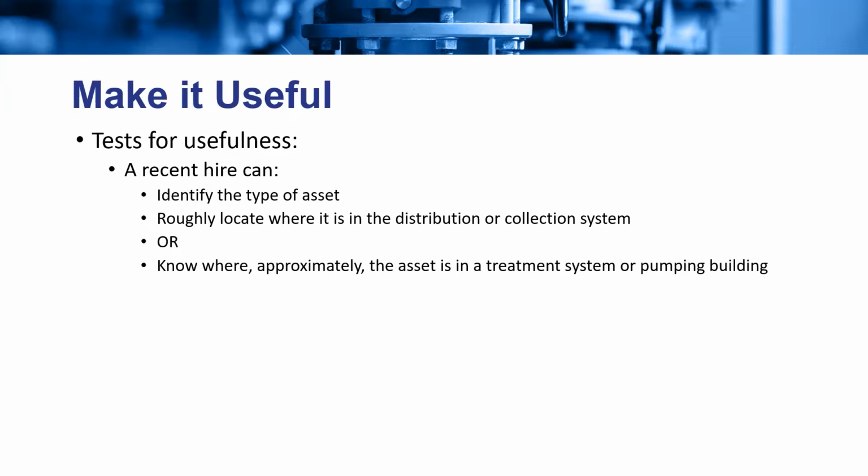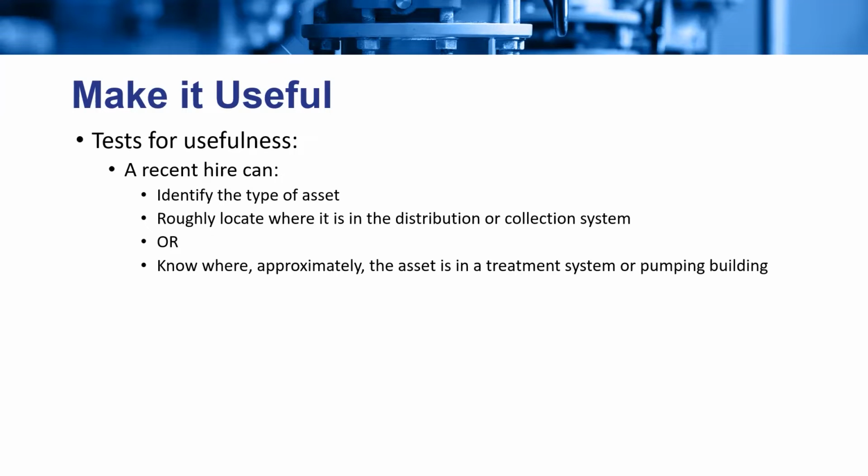Now, for assets that are part of a pumping system or treatment facility, could the recent hire also know approximately where the asset is in a treatment system or pumping building? In a treatment facility, it might be indicated by the type of treatment in it.